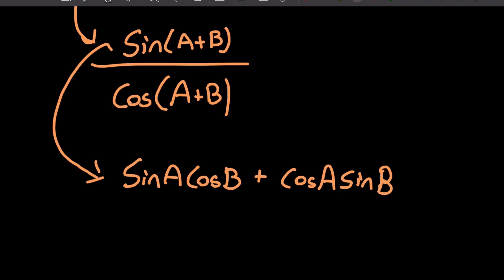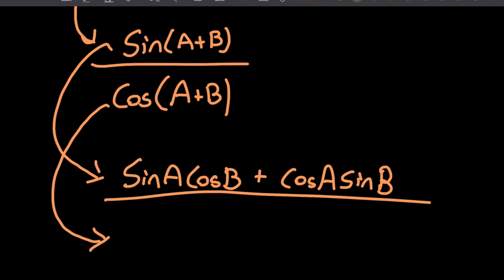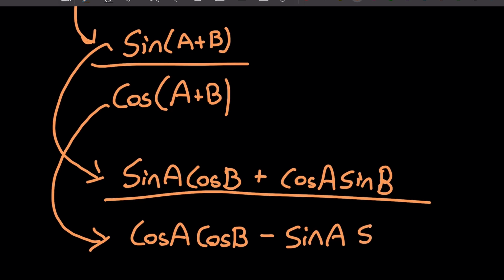Now the denominator is going to be cos A cos B, and remember the sign has to be the opposite of the one in brackets, minus sine A sine B. Whew. And now we're getting somewhere.